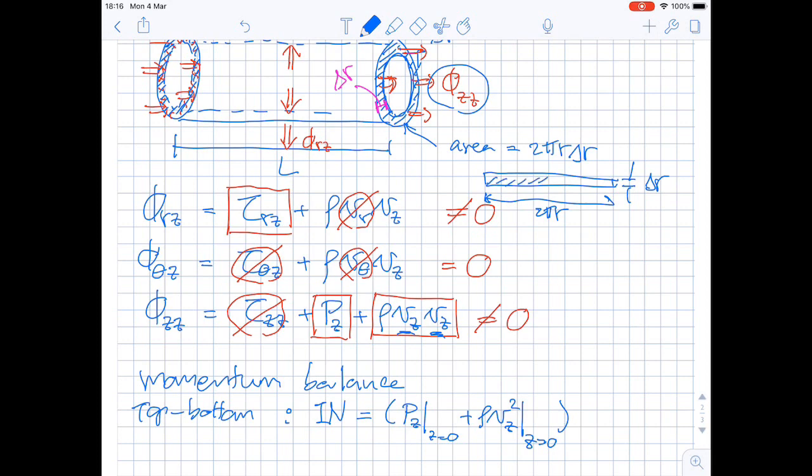So the highlighted area here is supposed to be the same as this area. This assumption can be made only when delta r is very small, so that the length on the top here and the length on the bottom are really close, and you can neglect curvature. Then the area, we can simply say, is 2 pi r delta r.